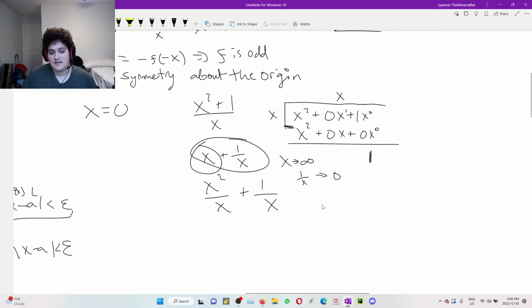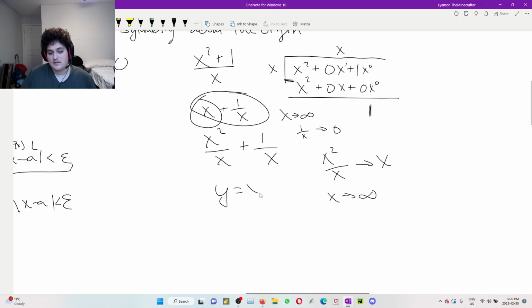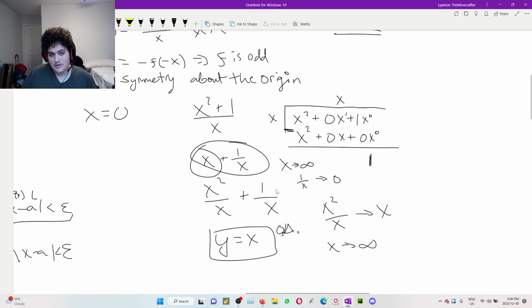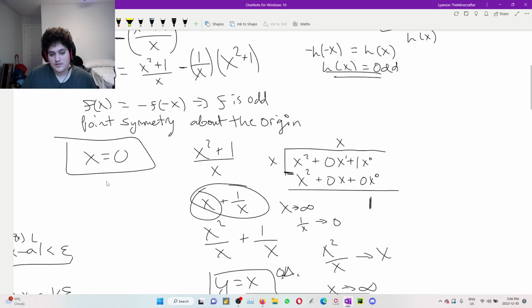So that means that x squared over x will approach x when x approaches infinity. So our oblique asymptote is just y equals x. And this was our horizontal asymptote. Sorry, this was our vertical asymptote.